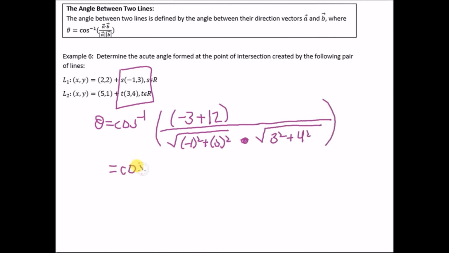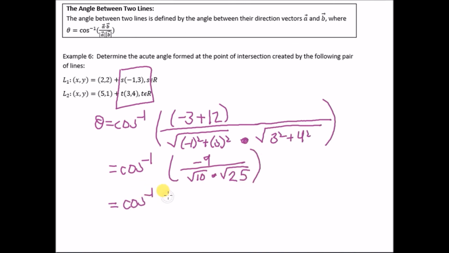Now we simply calculate. I get 9 on the top, then 1 squared plus 3 squared, which is 1 plus 9, I get root 10, times 9 plus 16, I get root 25.